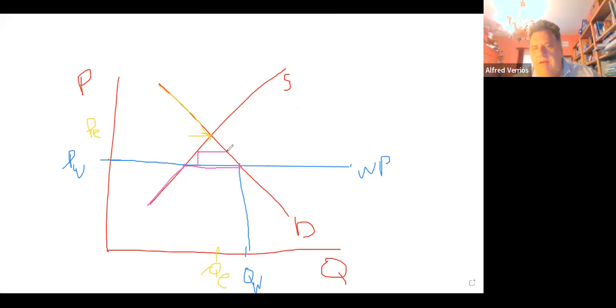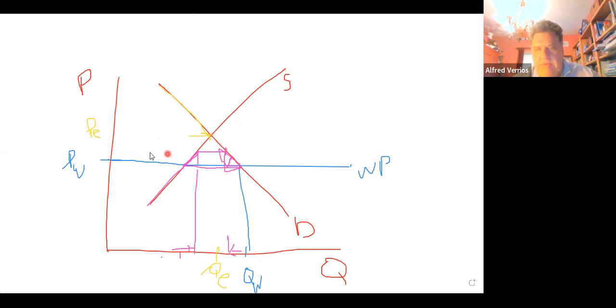Therefore, we have a new price for the market, which is this number here, which means this part of the supply curve is still domestically supplied. So the domestic supply increases a little bit, but we also have a reduction of the quantity that we used to consume. In other words, we have a triangle here that is a deadweight loss. What is the consumer surplus in this situation?